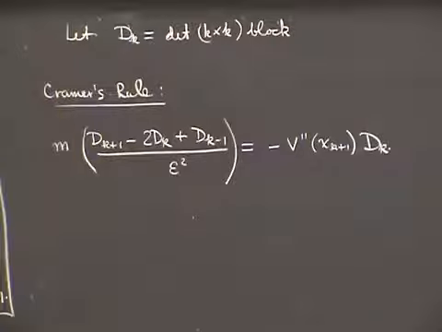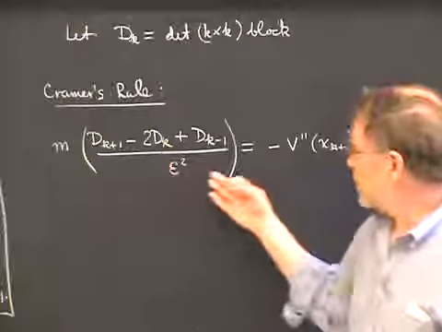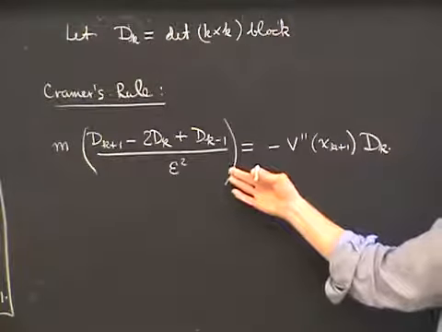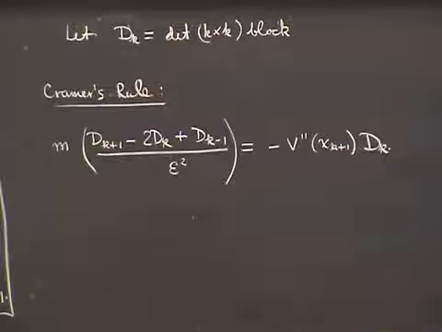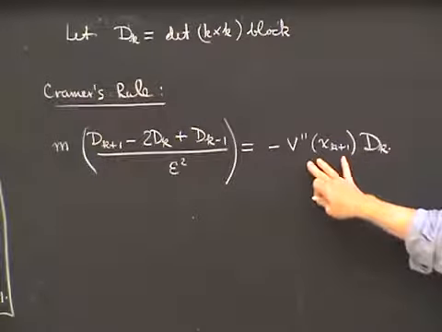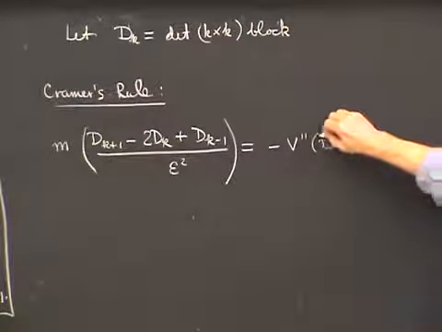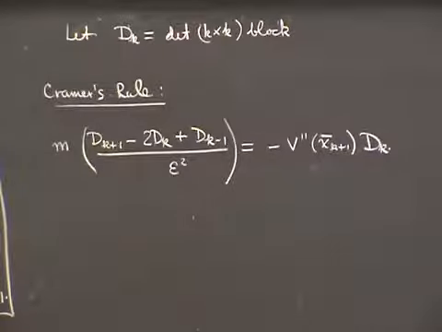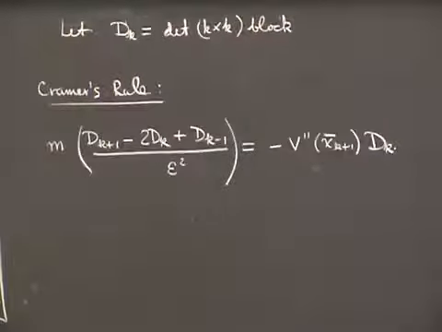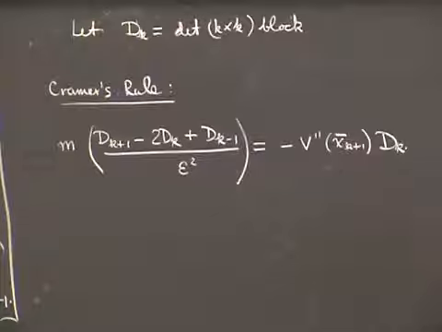And you can derive this for yourself in a few minutes. It's easy to do. But you see, on the left-hand side, again, there's a discretized version of an acceleration. And on the right-hand side, you've got the potential evaluation. This x I should really make an x bar because we're only interested in evaluating this on the classical path. The stationary phase points, in other words.